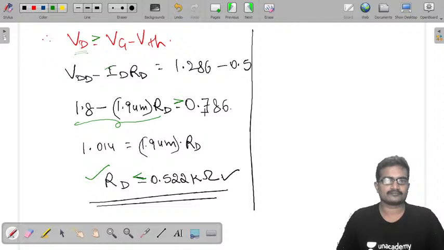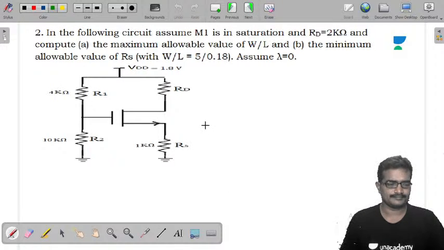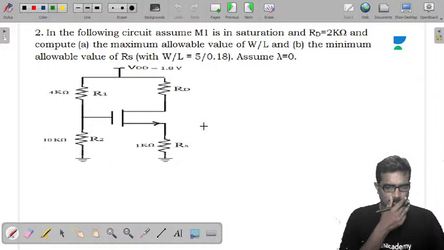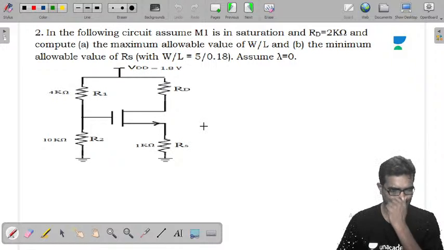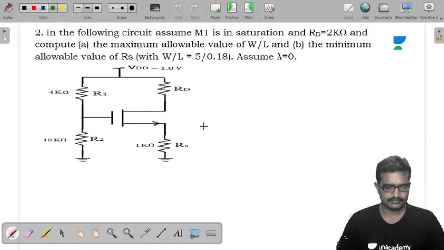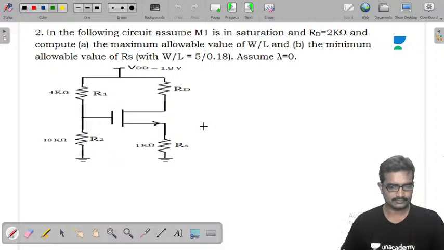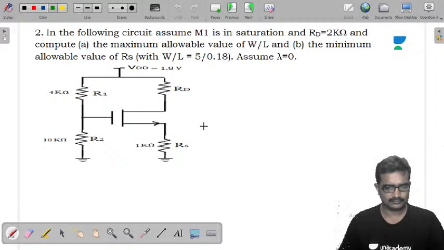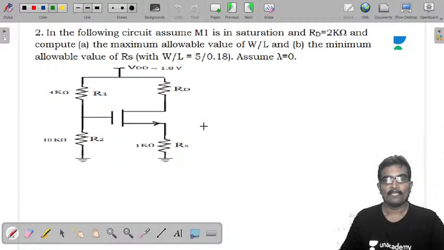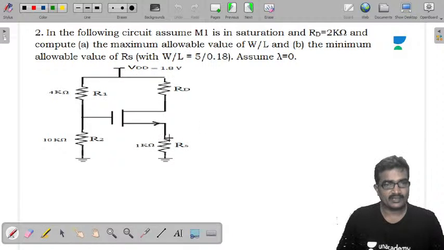Next problem. Now see the second problem.